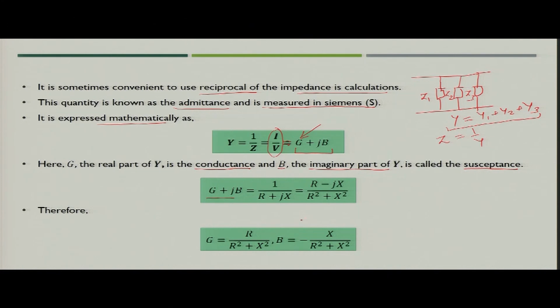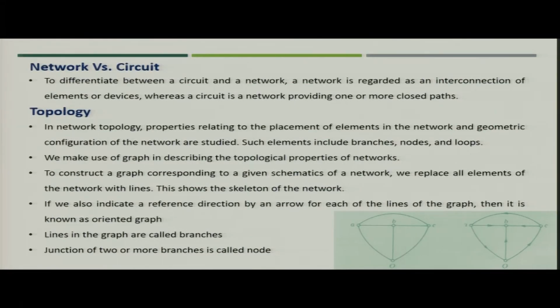So, if you compare real and imaginary terms from both of the components, you can simply say G is nothing but R upon R square plus X square, and B is nothing but minus of X upon R square plus X square. So, this admittance you can use whenever there is a requirement to analyze the circuit.